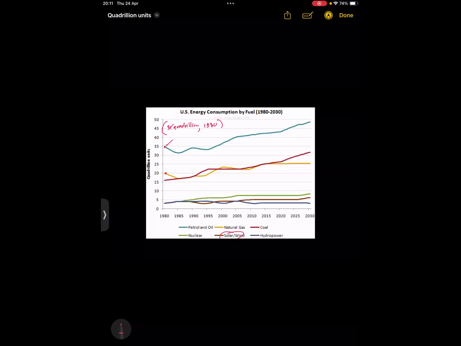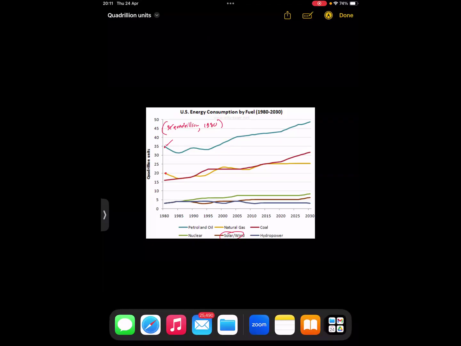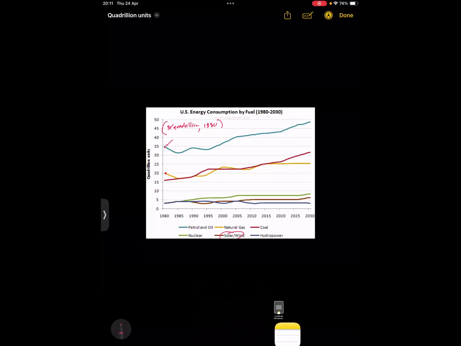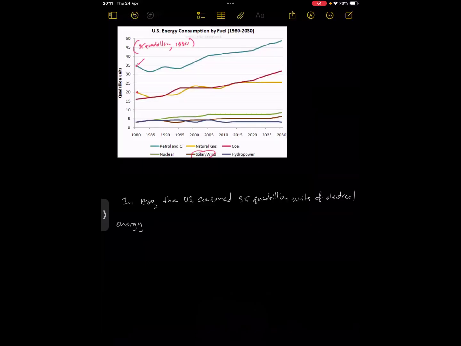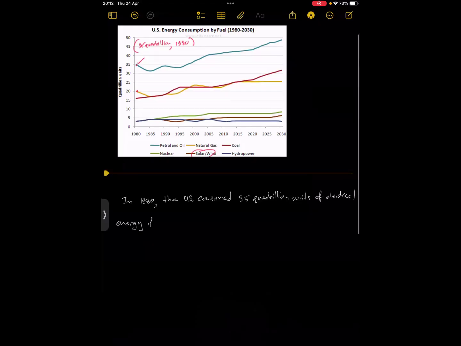They consume the same electrical energy, but from different fuel sources or from different origins. So I can say that the US consumed 35 quadrillion units of electrical energy from petrol and oil.